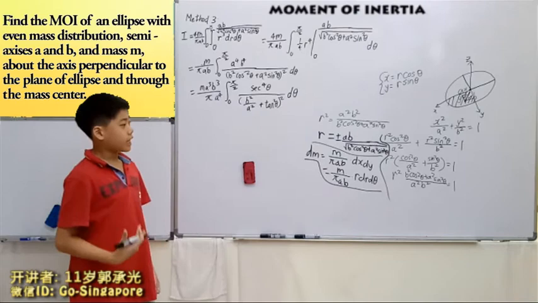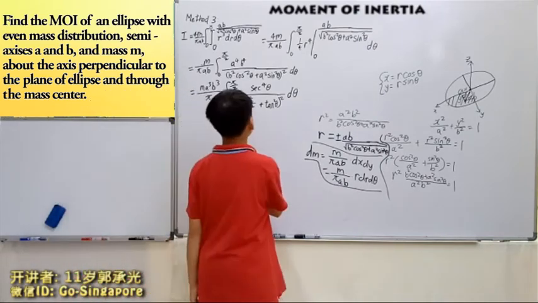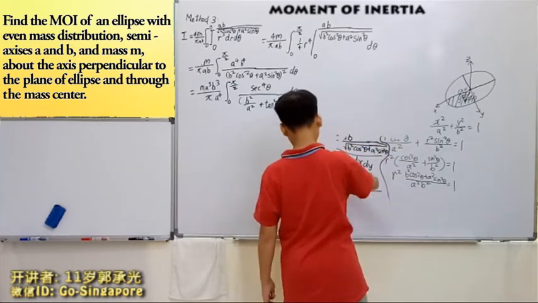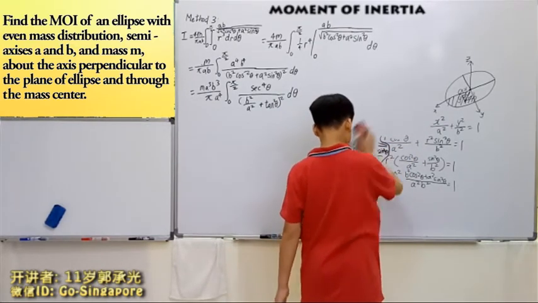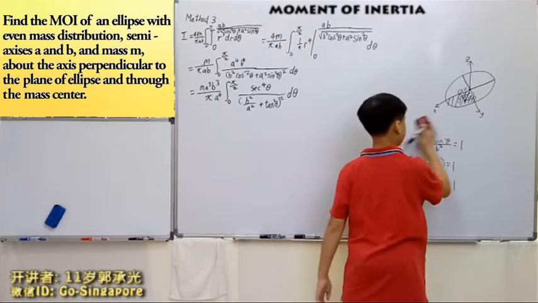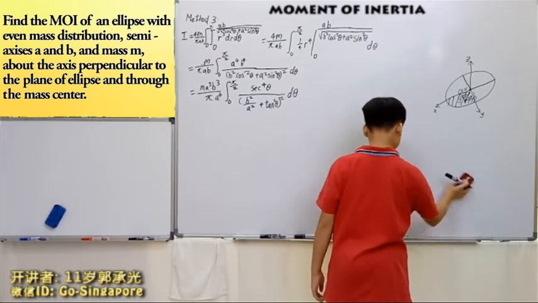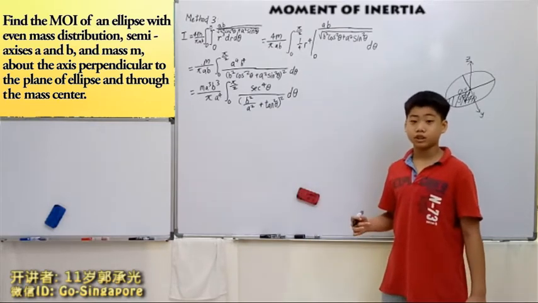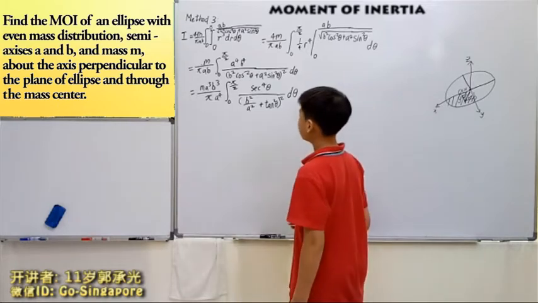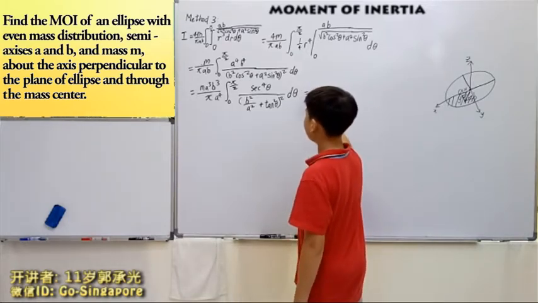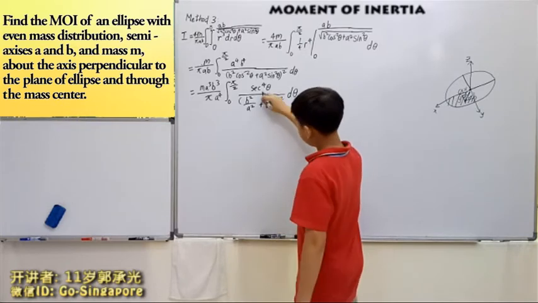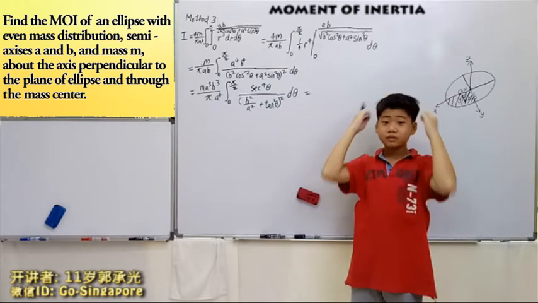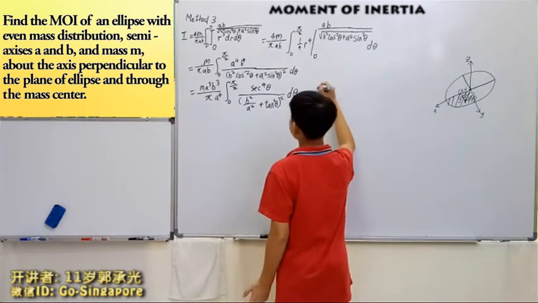Now at this part, can we use substitution? Okay. So let's try to use substitution. But then, secant and tangent are messing it up. It makes it confusing.